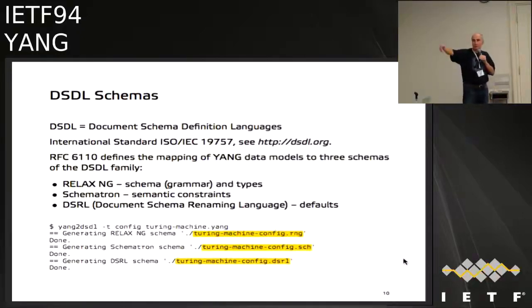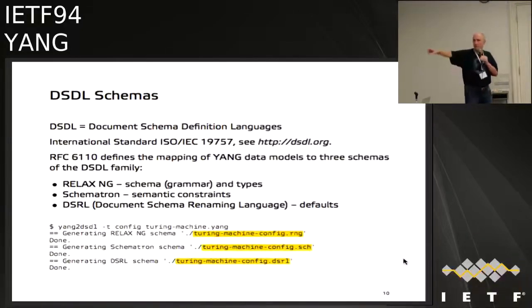So this shell script tool can be used effectively from a command line like this. We can produce these three schemas like this. You have to specify the target that you want to generate the schemas for, which in our case means we want to generate a schema for configuration.